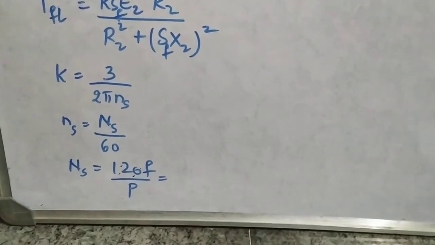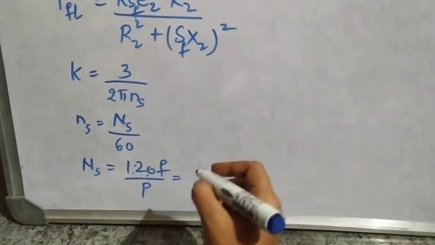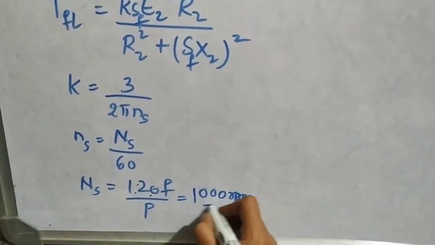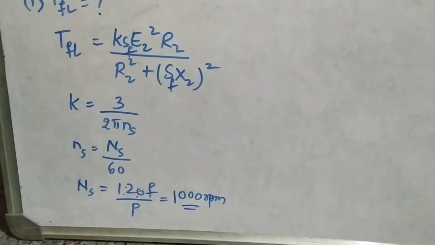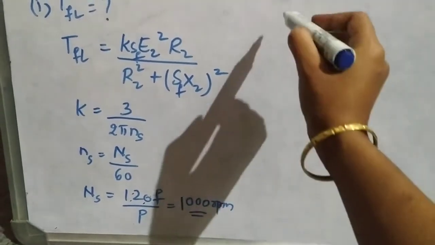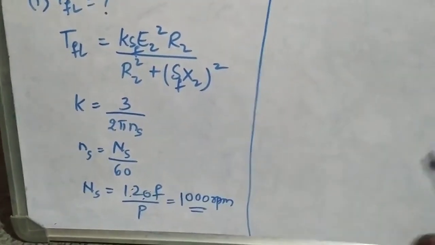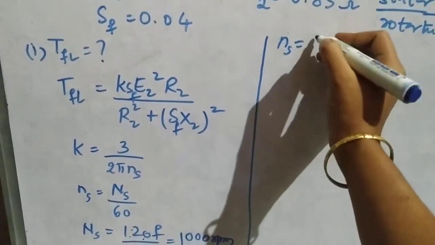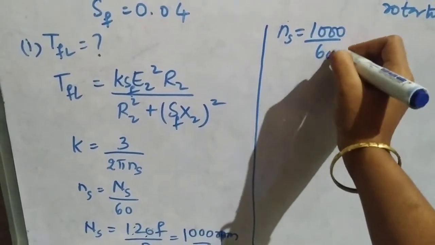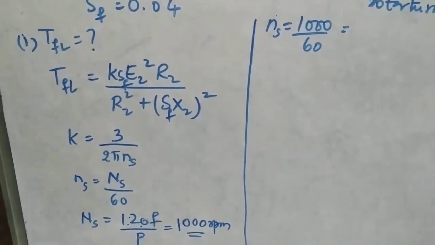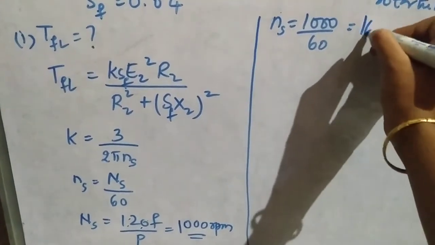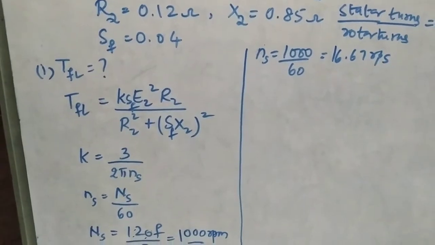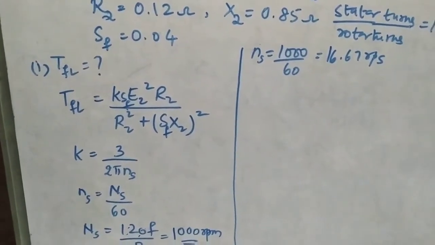When you solve this you will get around 1000 RPM. That is the capital Ns value. And small ns, when you solve, will be equal to 1000 divided by 60, which leads to 16.67 RPS. So this is what we get as the small ns value.